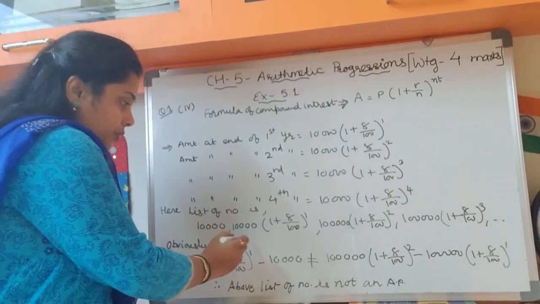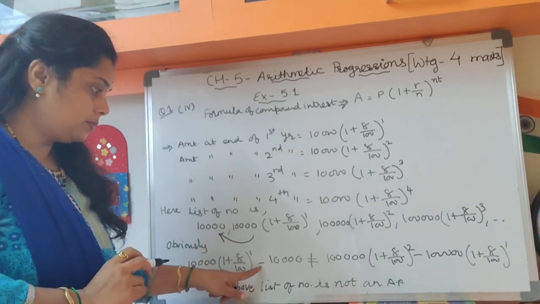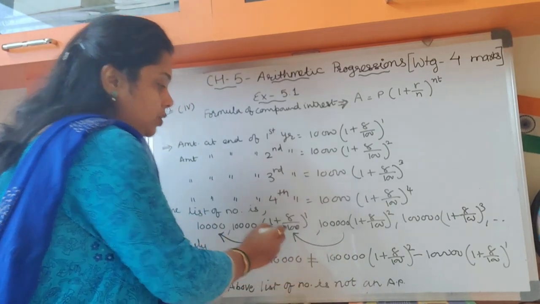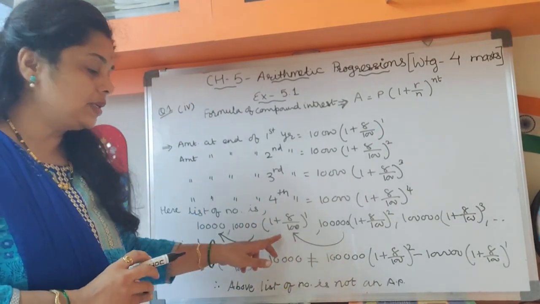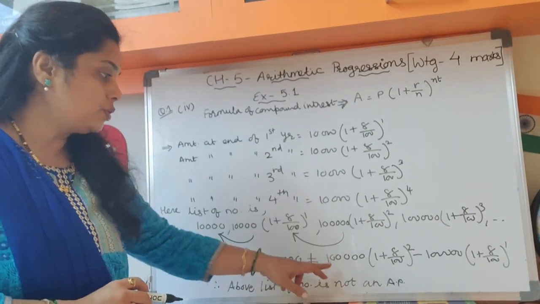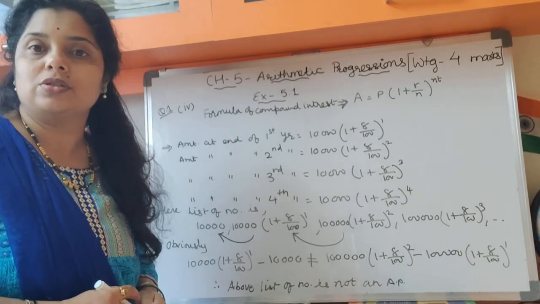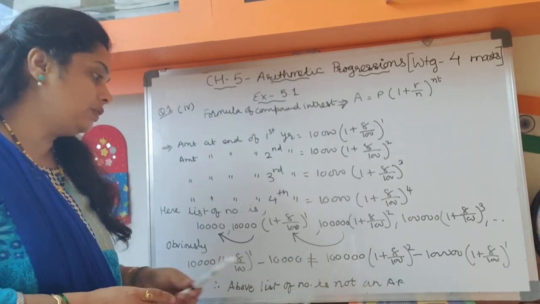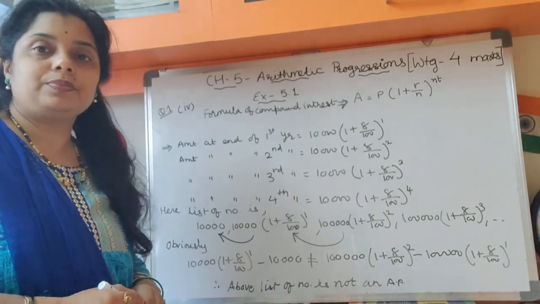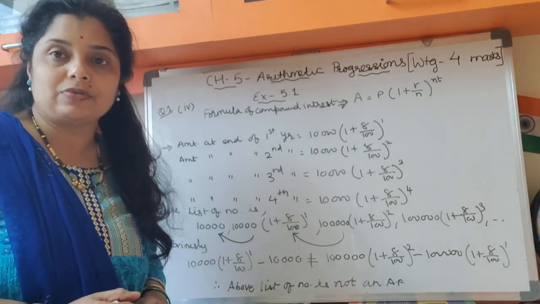If we take the difference from T1 to T2, and T3 minus T2, or A3 minus A2, you can use either T1, T2 or A1, A2 like that. This common difference between two consecutive terms is not the same, and therefore the given list of numbers is not an AP. Today we did exercise question number 1 of exercise 5.1.